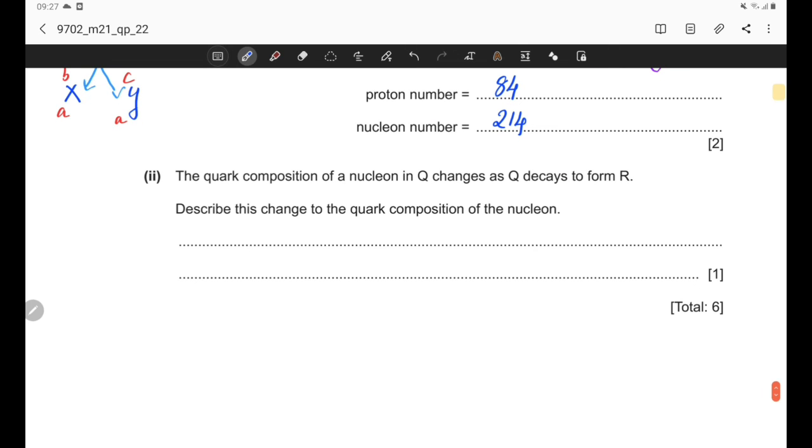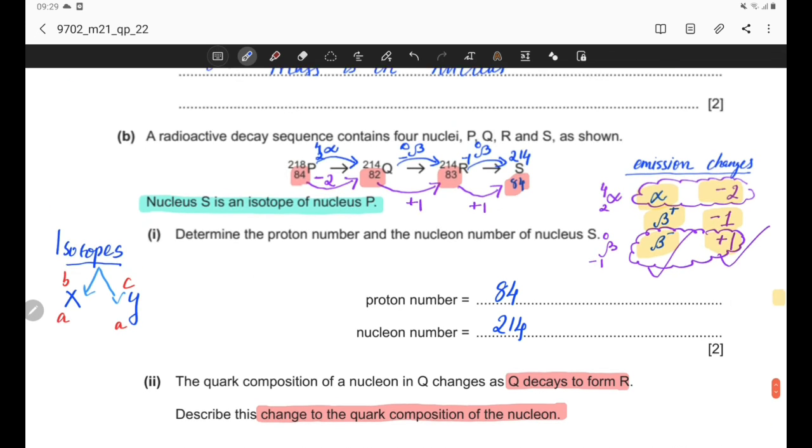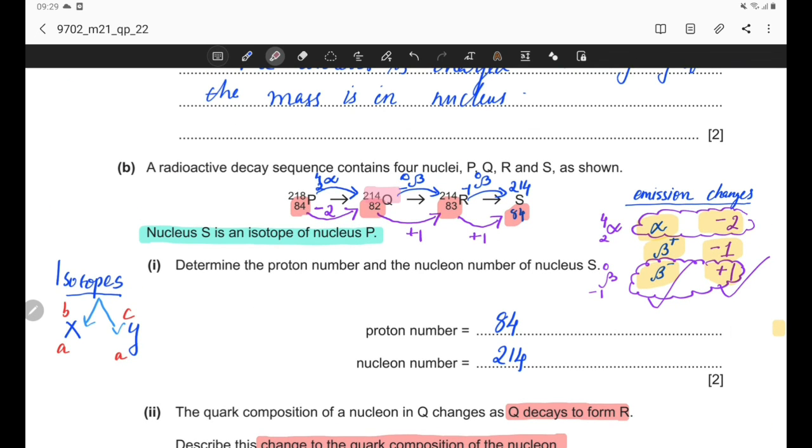Part 2, the quark composition of a nucleon in Q changes as Q decays to form R. Describe this change to the quark composition of the nucleon. So we should check, when Q decays to form R, there is a beta negative emission, which we have already seen.